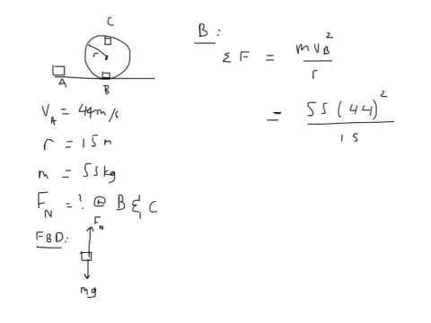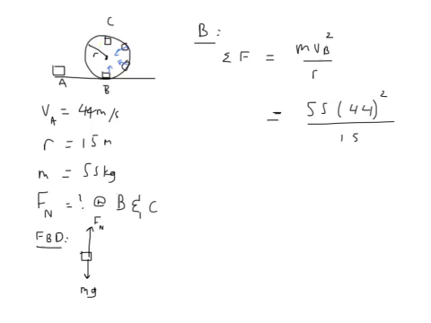And what that means is that the net force, the sum of the forces, always points in toward the center. So if the block is here, then the net force points toward the center. No matter where the block is, it always has this net force pointing in toward the center of the circle.